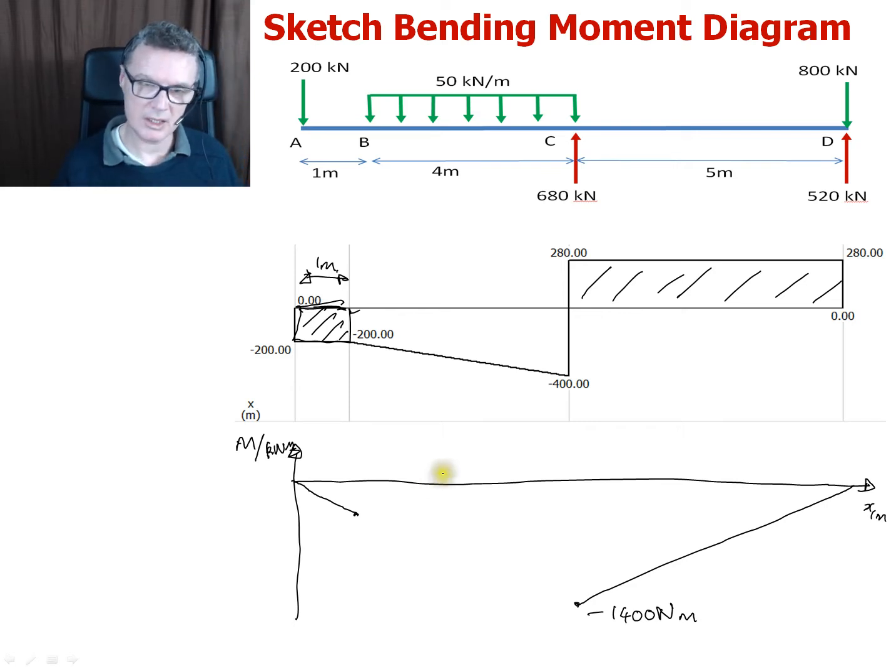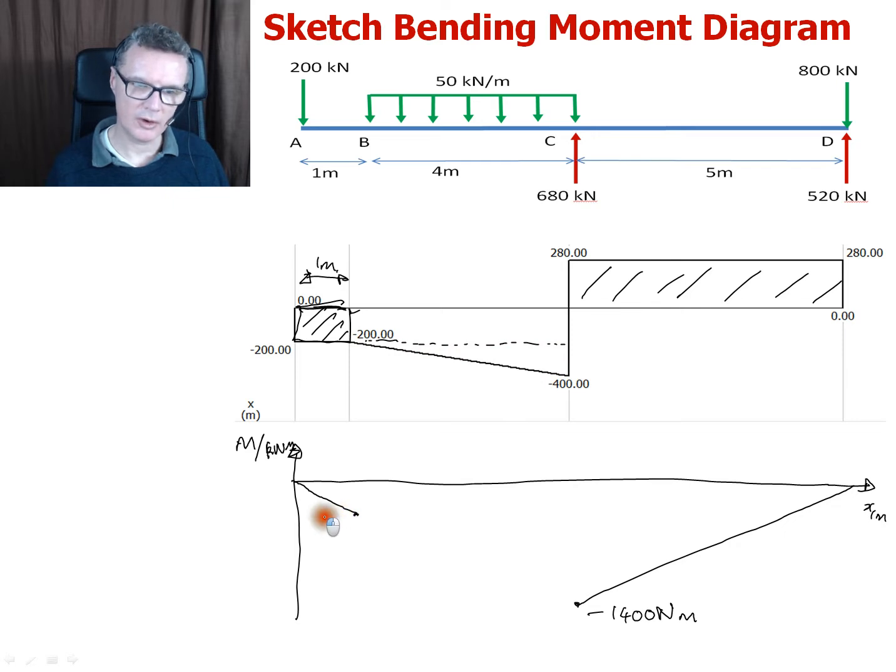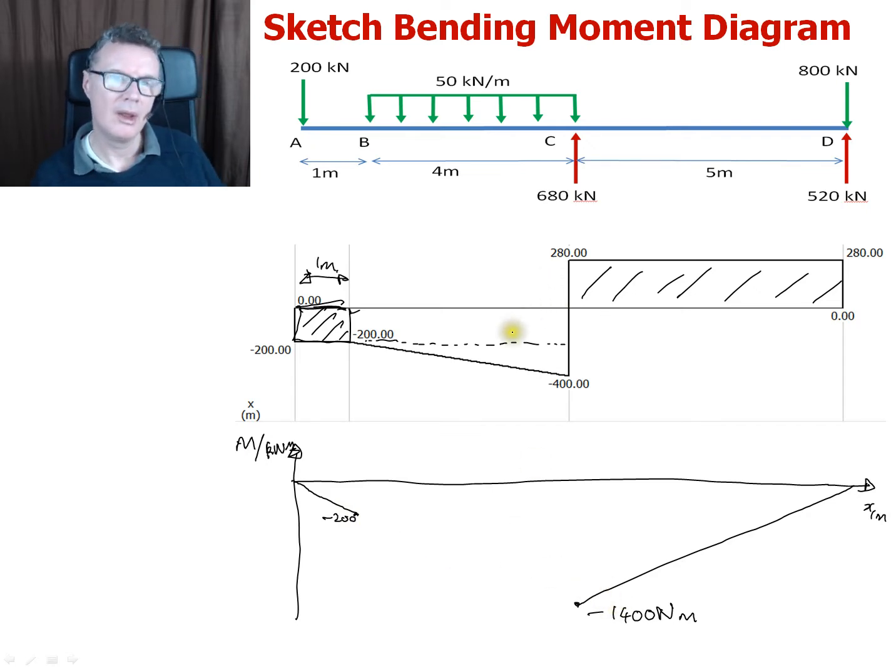And the next bit is kind of like a house sort of shape. So you could work out that area. You could split this into a triangle and a square, and you'll find that when you work out that area, you should get a drop of 1200.